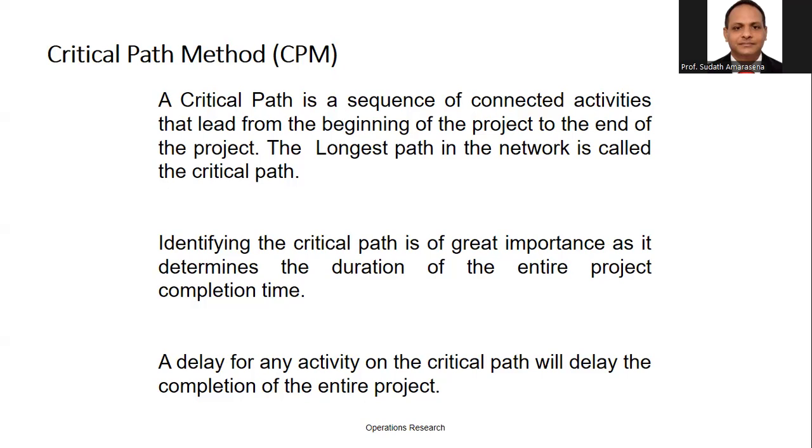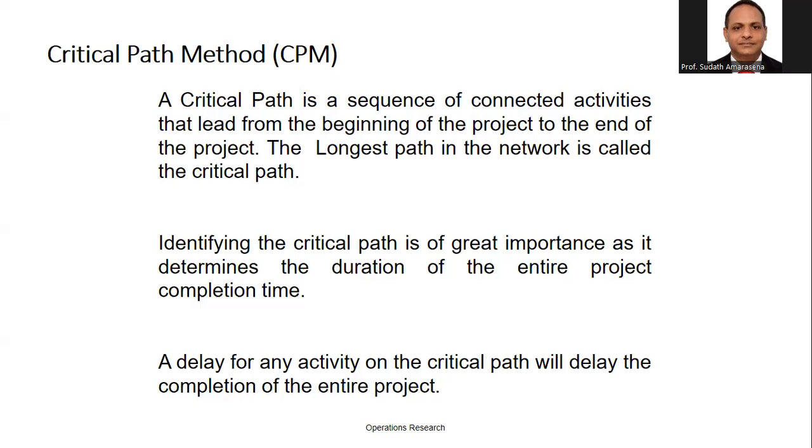Now the CPM method we use to identify the entire project completion time. When I'm going to apply the CPM method, first we should draw the network diagram. Then after that, we need to write down the duration under each activity. Earlier we didn't consider the duration. We require the duration to identify the critical path.